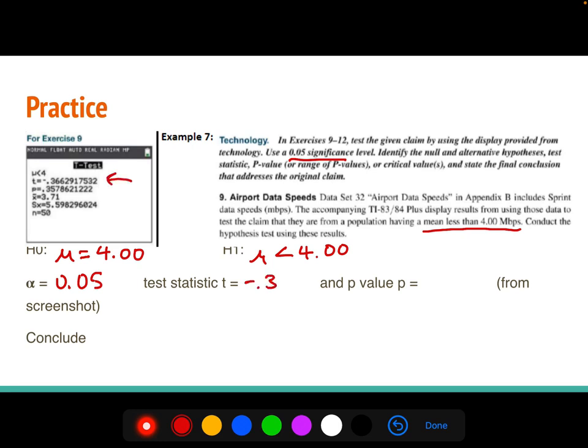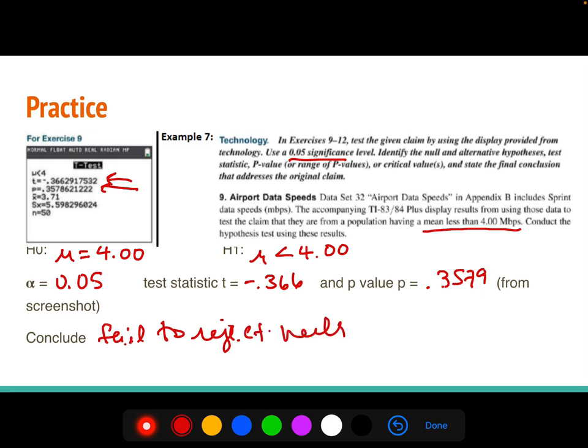It says negative 3.66. And our p-value, our P from that same screenshot, right underneath it, 0.3579. So our conclusion is that we are going to fail to reject the null. And why is that? Because P is 0.3579, and that is greater than 0.05.